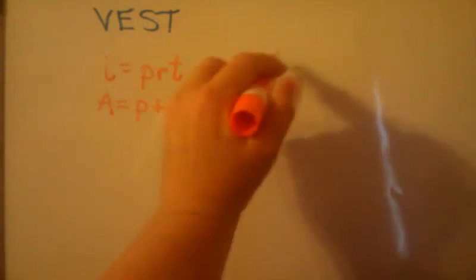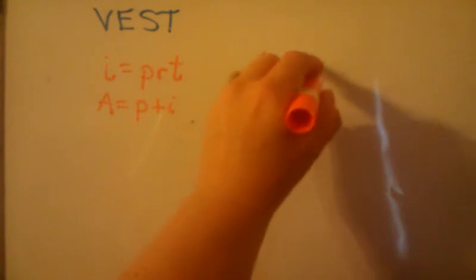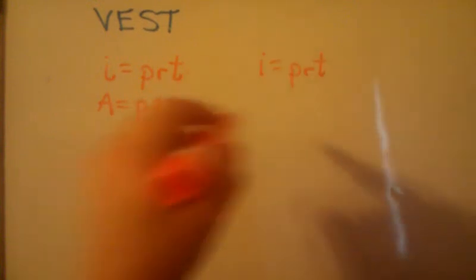Alright, I'm going to use the interest formula to find the following value. P equals $300, R is 7%, T equals 2. Find I. My formula is right here: I equals PRT. So let's substitute these.